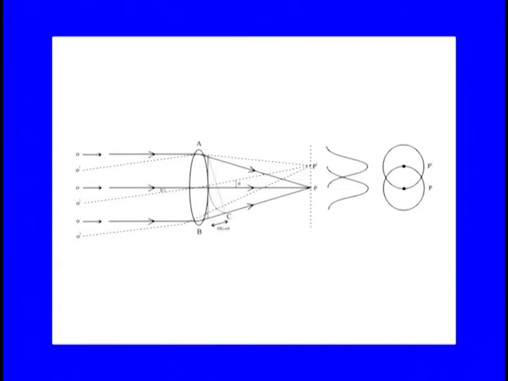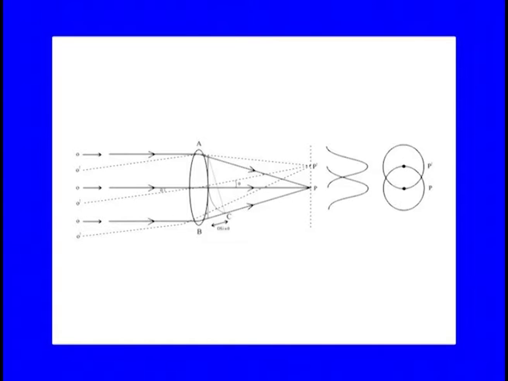Under this condition, the angle subtended by two point objects at the objective is taken as the measure of resolving power of the telescope. Actually, resolving power is inverse of this angle.